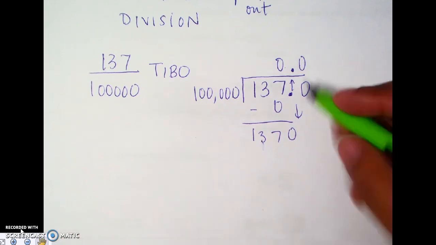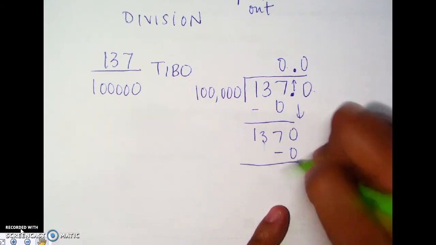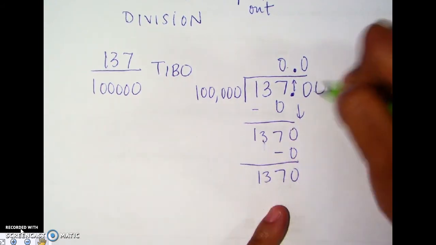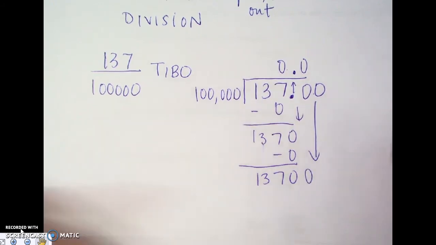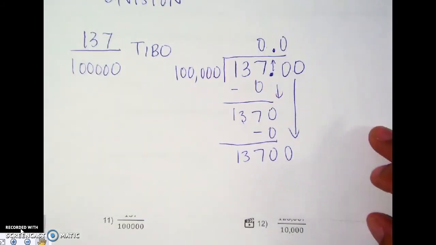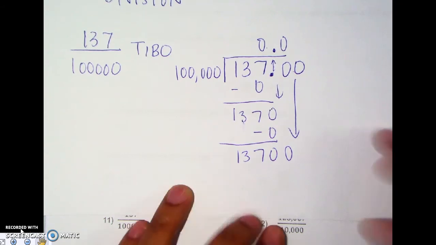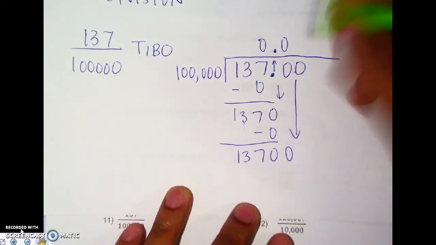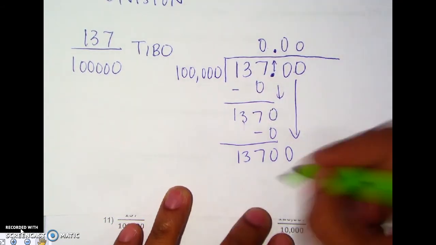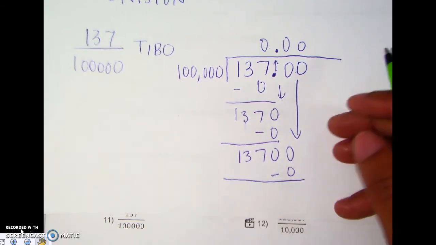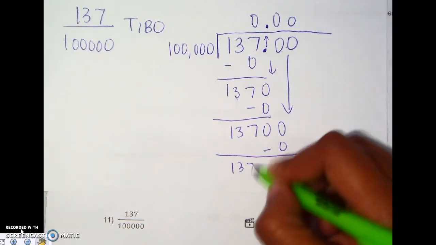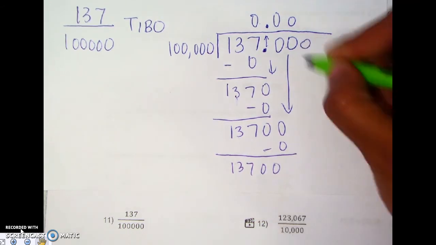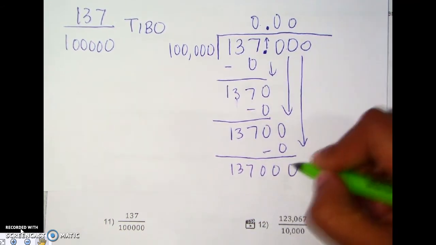Then from there, I'd multiply, subtract, and bring another 0 down. So I'm getting a little bit larger. This is 13,700, which again still wouldn't work. So I'm going to extend my line, put a 0 there, subtract, and I would add another 0 until this number gets big enough to where it would work.